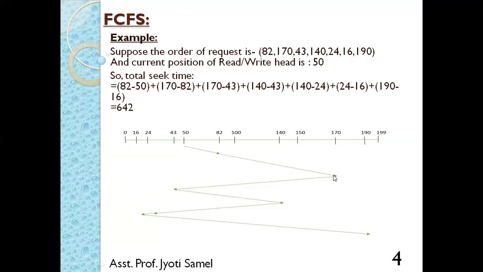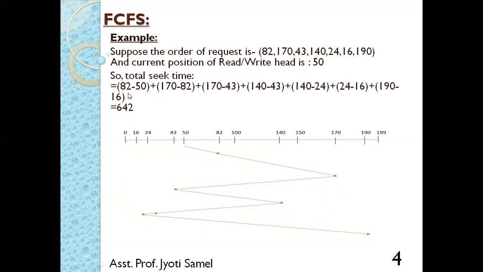Afterwards, next is 170, so my head will move ahead to 170. Afterwards, it's 43, so my head will go in reverse back to 43. Like this, it will serve the next, that is 140. Next, that is 24, 16 and 190.